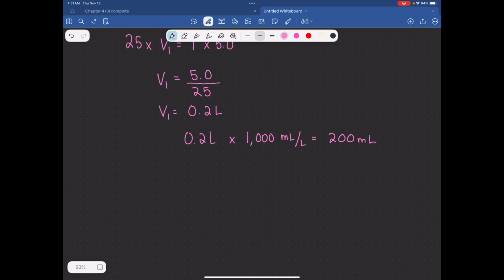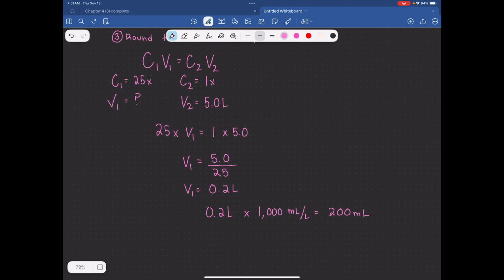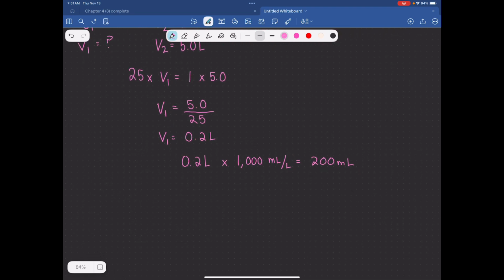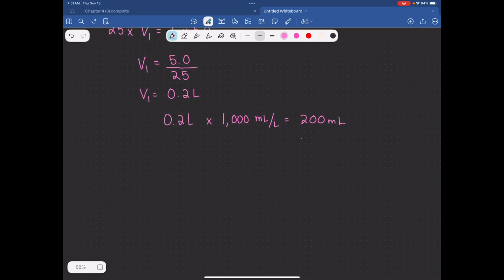And then we need to do step 3, which asks us to round to 1 decimal place. So that is our final answer, 200 milliliters of 25x TAE stock.